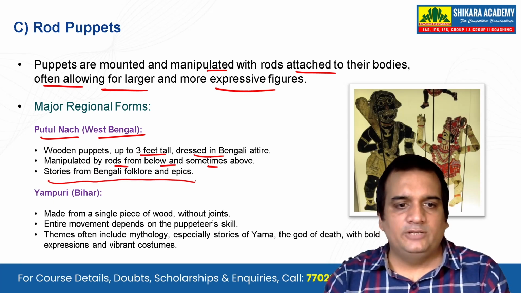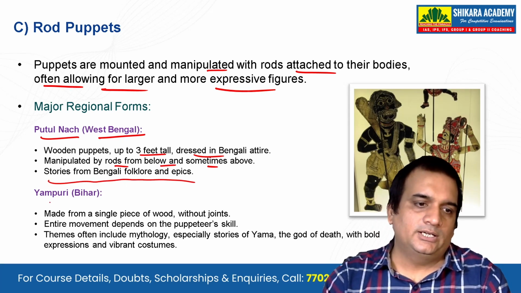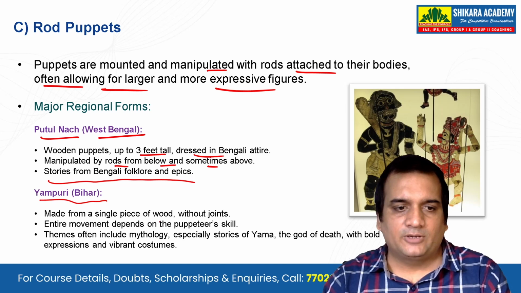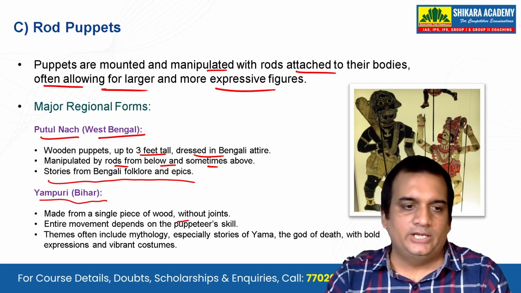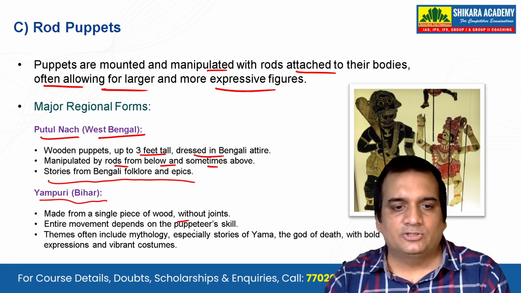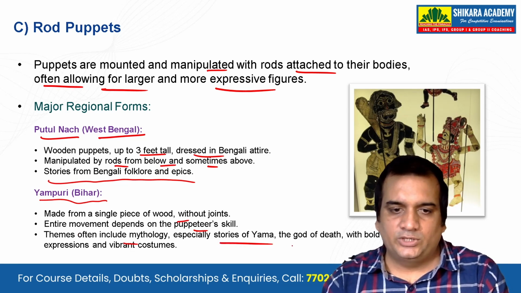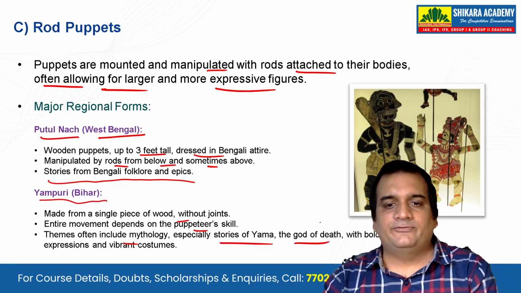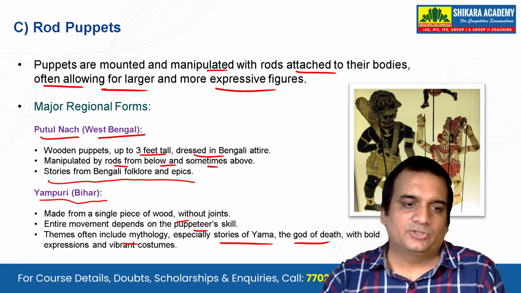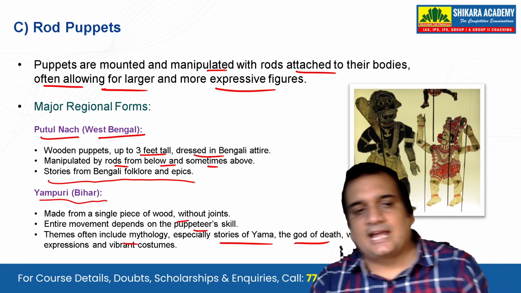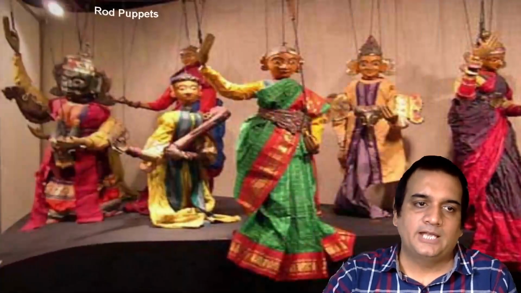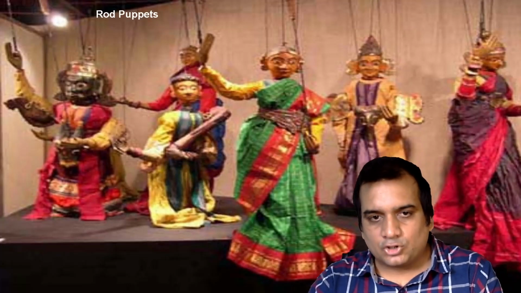Stories from Bengali folklore and epics are shown here. Yampuri, Bihar, is made from a single piece of wood without joints. Entire movement depends on the puppeteer's skill. Themes often include mythology, especially stories of Yama, the god of death, with bold expressions and vibrant costumes. So that is for the Yampuri, Bihar, and that was for the rod puppets.